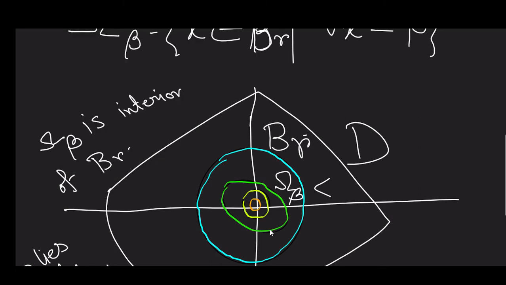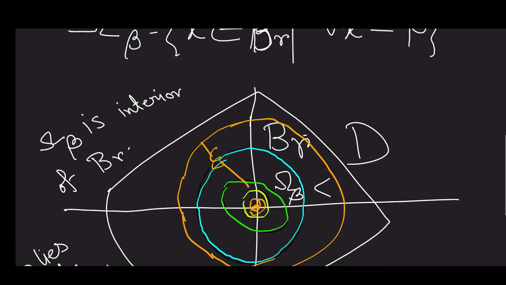The outer value of BR can have epsilon, but there is no such inner bound, so this can become very close to the origin.